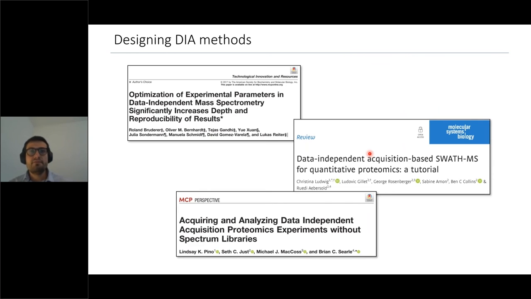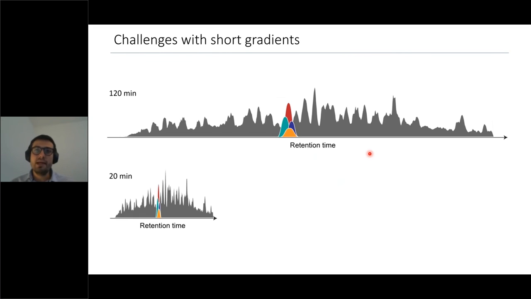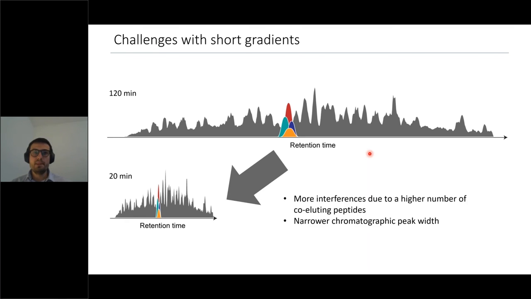In this webinar, I will specifically talk about what actually happens when we now go for these higher and higher throughput methods. So basically, what it means going from a 120-minute gradient to a 20-minute gradient. To some extent, we're just squeezing our gradient together. So this means we will have more peptides co-eluting at the same time, and our chromatographic peaks are going to get narrower and narrower.